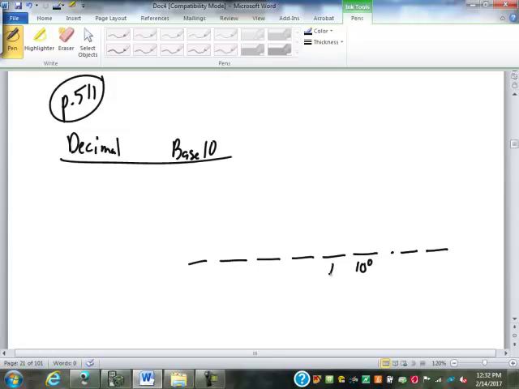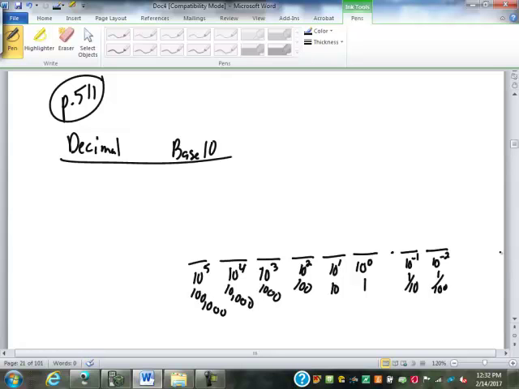You know, 10 to the 0, 10 to the 1, 10 to the 2, and so on. 10 to the 0 is just 1, 10 to the 1 is 10, 10 squared is 100, 10 to the third is 1,000, 10 to the fourth is 10,000, 10 to the fifth is 100,000. Those are our place values that we're used to. 10 to the negative 1 is 1/10, 10 to the negative 2 is 1/100th, and so on.